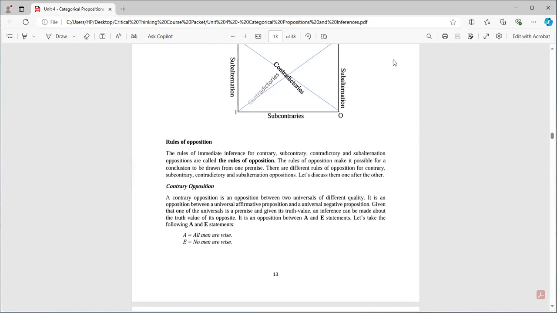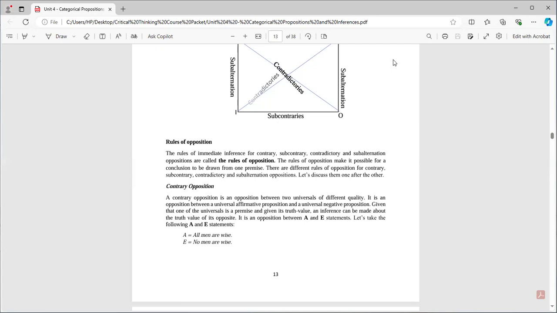So if all men are wise is our premise and it is false, our conclusion can be true, it can be false. It can be true when, in fact, no men are wise. It can be false because our answer will be some men are wise, some are not wise.